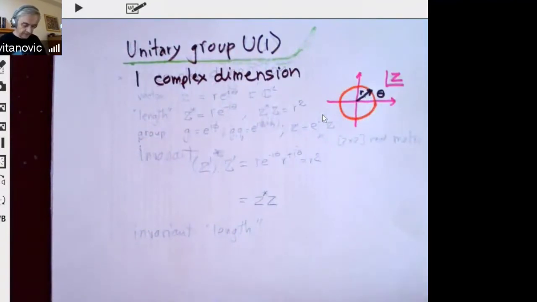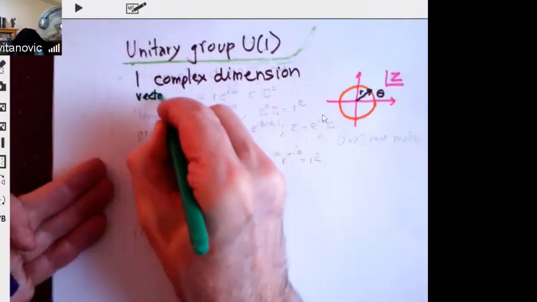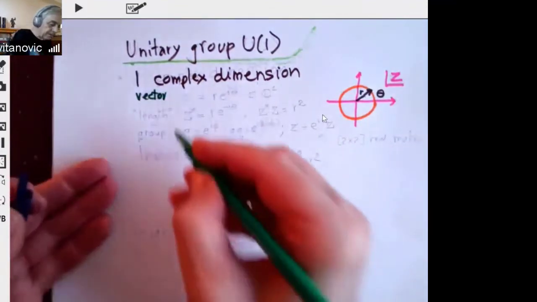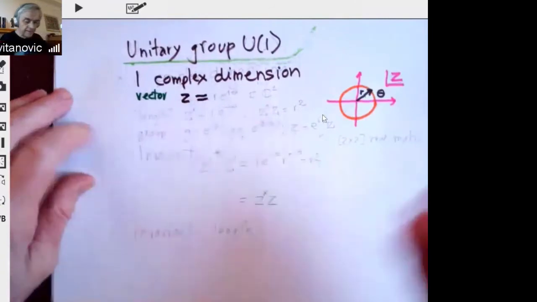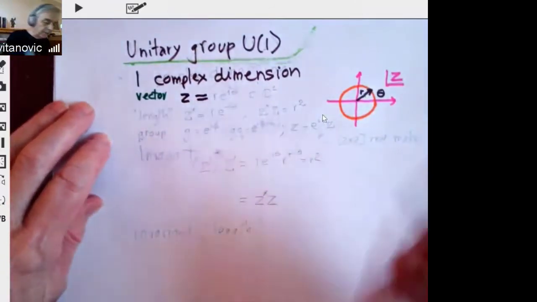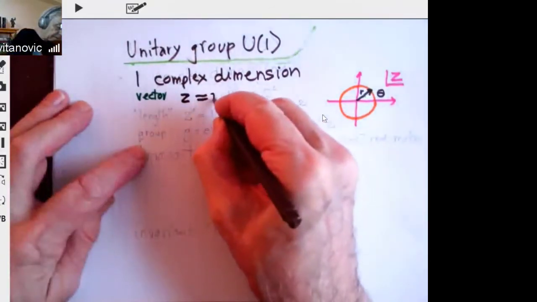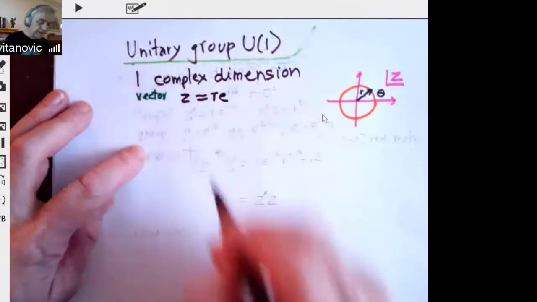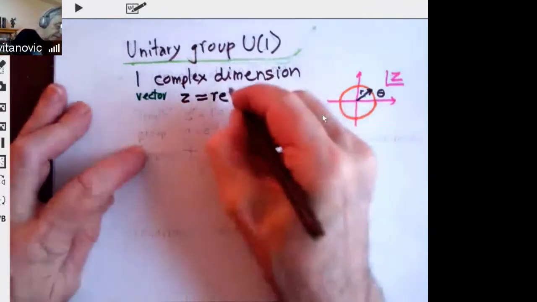So now when we say a vector, if you write it as a complex number, it's a little bit weird because it's just a number. But if you write it in its polar representation, then it makes a little bit more sense. It has a real number signifying the radius in a complex plane.